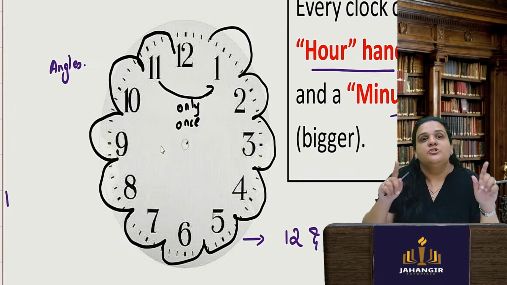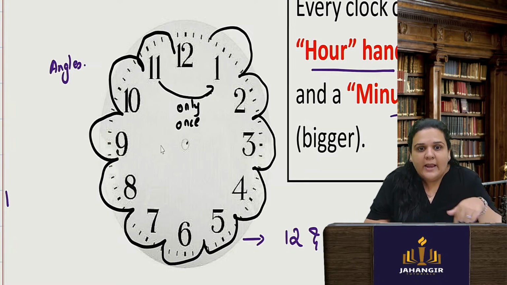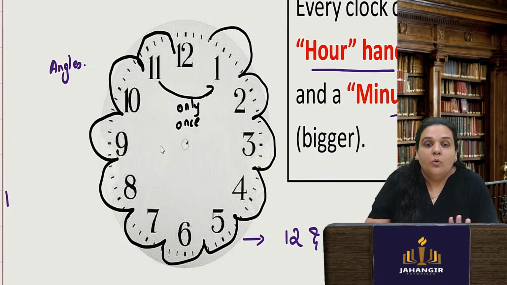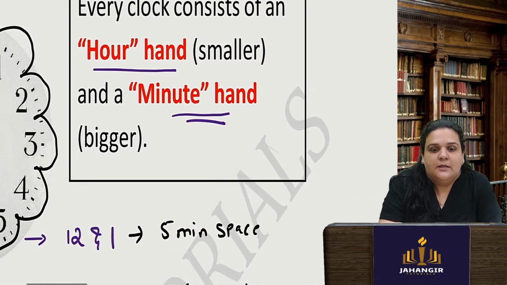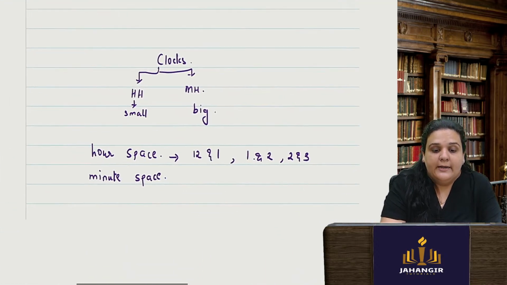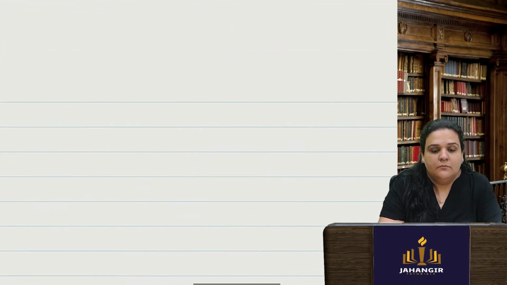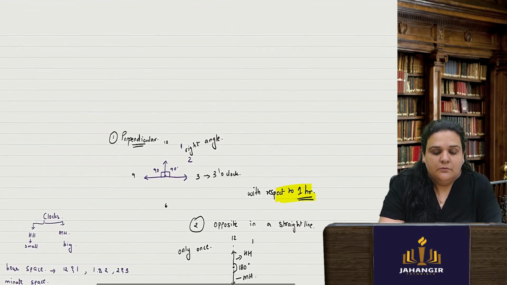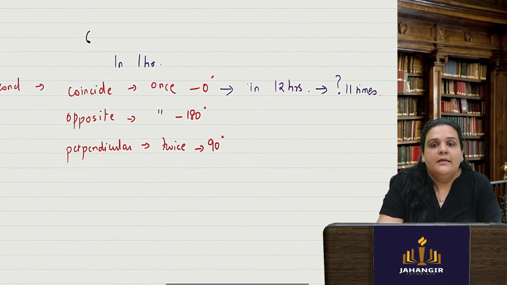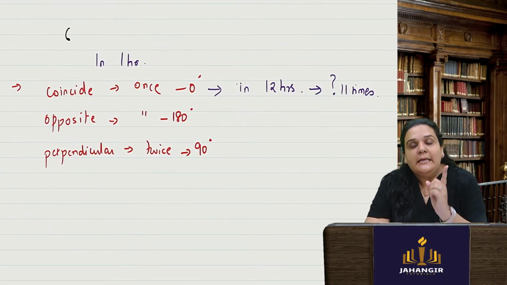Therefore, these two hands will coincide in a 12-hour clock only 11 times. Only 11 times. So this you have to put in your heart and mind, that in a 12-hour clock, the coincide will happen only 11 times.